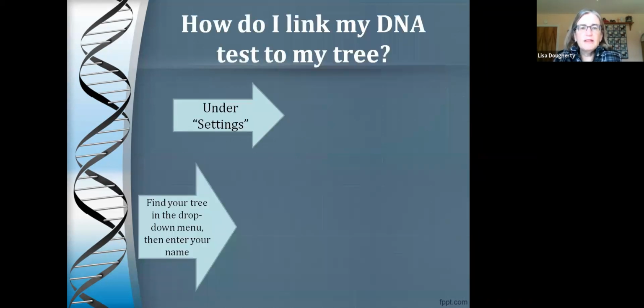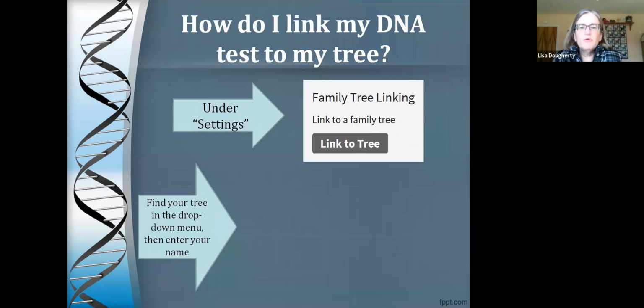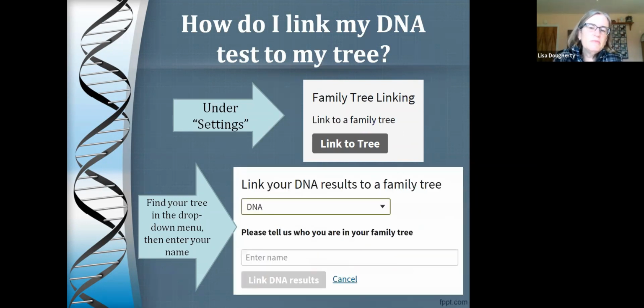So how do I link my DNA test to my tree? Well, you're going to go to settings in your DNA page, in the upper right-hand corner. When you get in there, you're going to see family tree linking, and you're going to click on link to tree. Then you're going to choose the name of your tree from a drop-down menu.